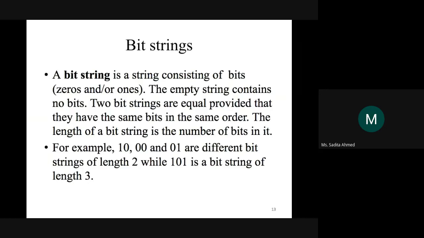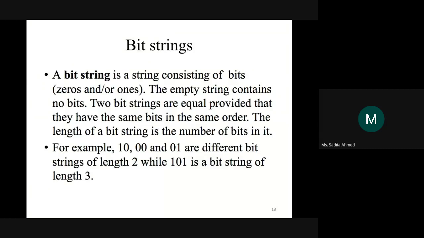Because they don't have the ones and zeros in the same position. Even in truth tables and membership tables, 1, 0 and 0, 1 did not represent the same meaning. So you see, the position of the bits is very important.